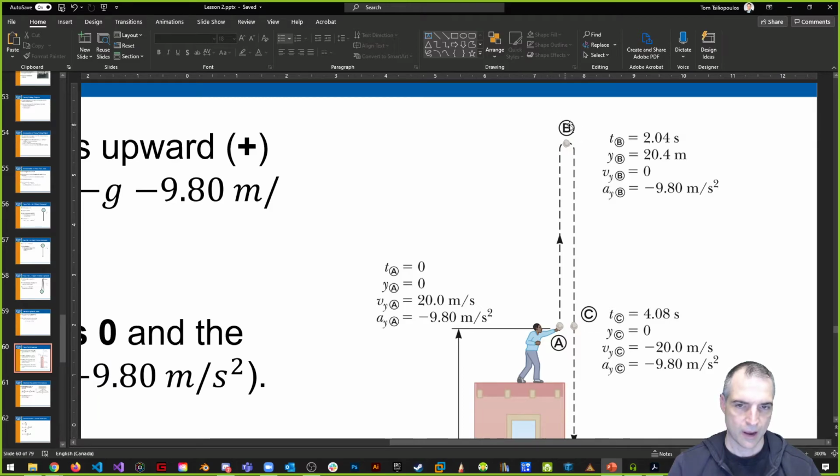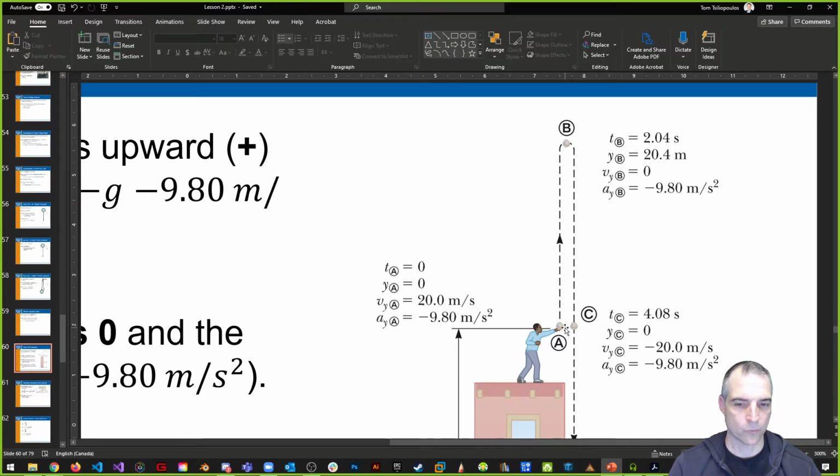And then the velocity becomes 0 up here on the y-axis. It starts to fall. And when it comes to this point, notice what we see. The velocity on the y-axis was originally 20 meters per second in the positive direction. But when it came back to my hand again, the velocity on the y-axis is the exact same magnitude, but in the opposite direction, negative 20.